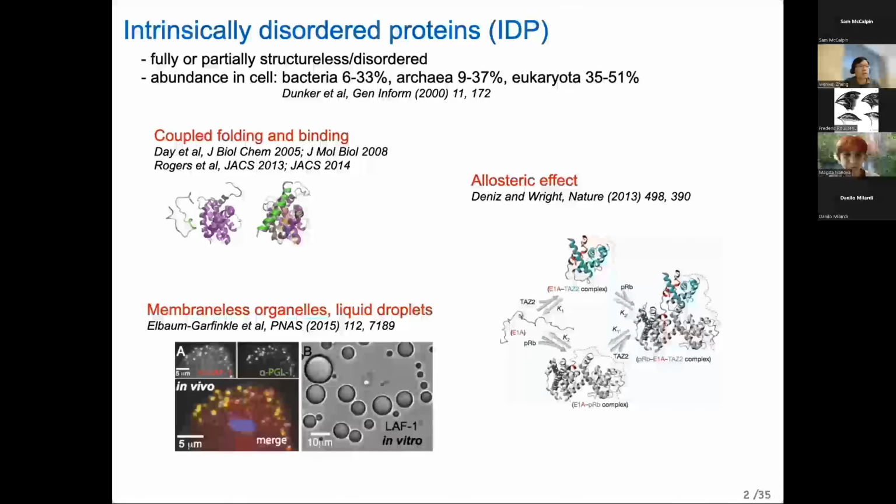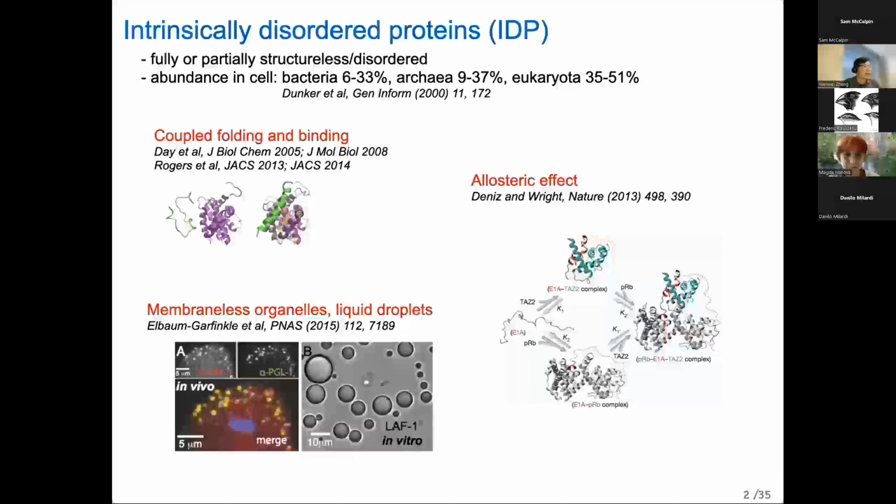So a few of the phenomena that have been very well studied in the field, for example, the first is coupled folding upon binding. It's saying that for disordered proteins, they might not have structures at the beginning, but when they bind to their folded partners, they start to form structure. And then there's also the allosteric effect when we have a few partners and for those disordered proteins, there's very nice allosteric regulation between those non-local long-range interactions.